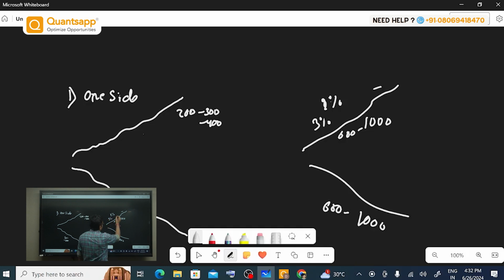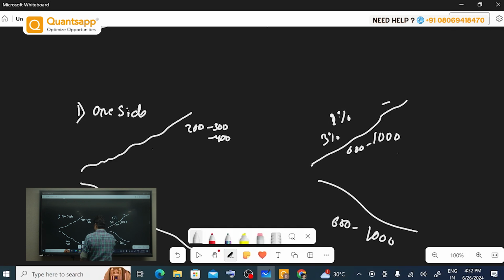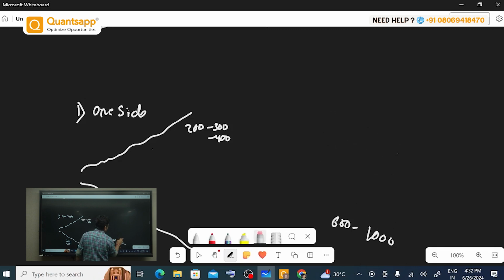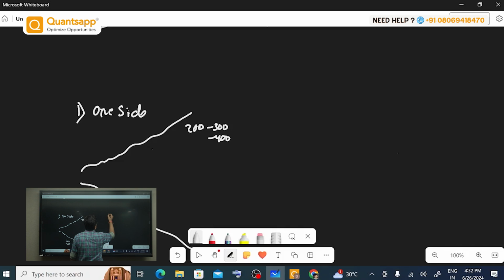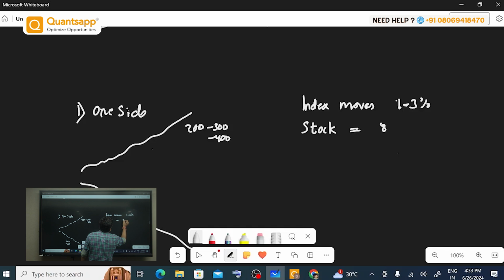Let me write this. If the index moves 1 to 3%, then the stocks contributing to that particular index move around 6 to 8%.